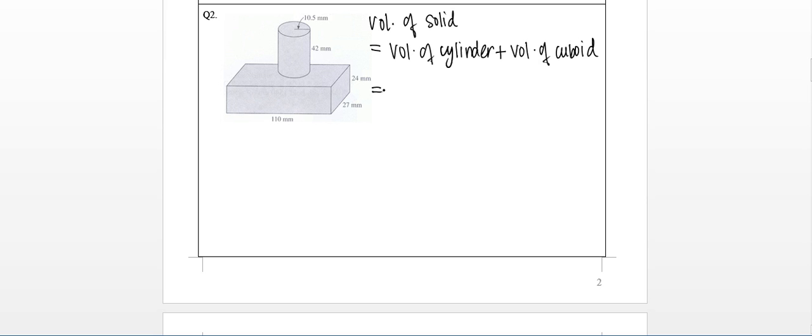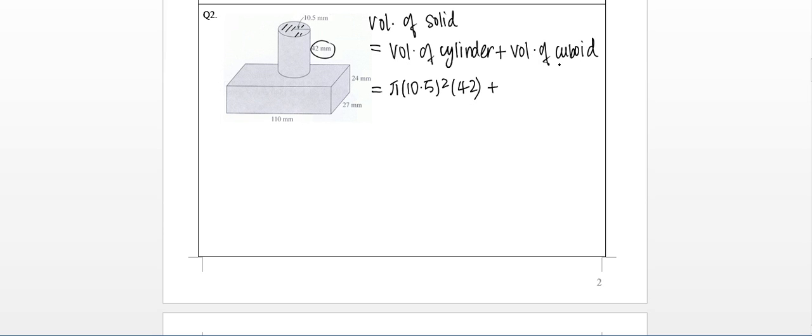What is the volume of a cylinder? That's the base area multiplied by its height. So what is its base area? The base area is over here and this is its height. So therefore the volume is pi r squared times height, and then you add that to the volume of the cuboid.